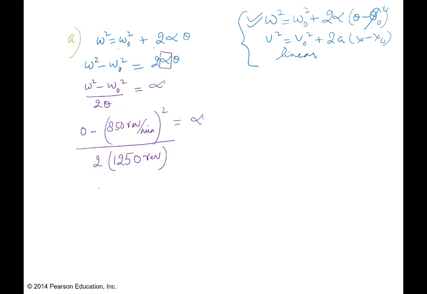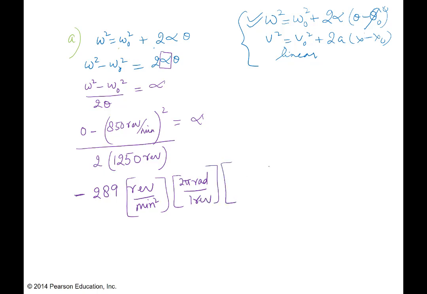So when we look into the math part of it, we get minus, when you work on 850 squared divided by 2 cross 1250, you get 289 rev square, and one rev cancels because there's a square here, so you get rev per minute square. And I want to convert it into radians per second. So 1 rev is 2 pi radians, so the rev is taken care of, but minute square, I want second square for that.